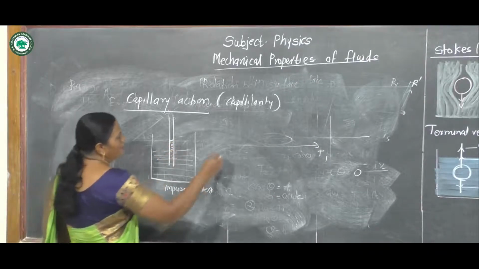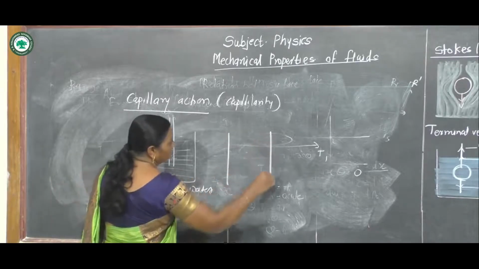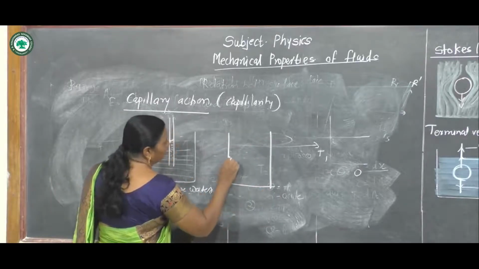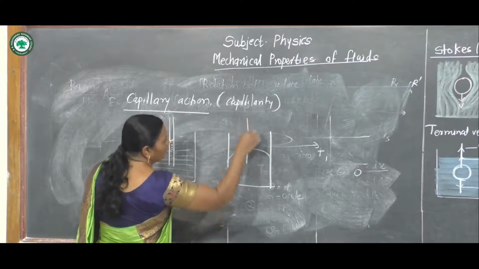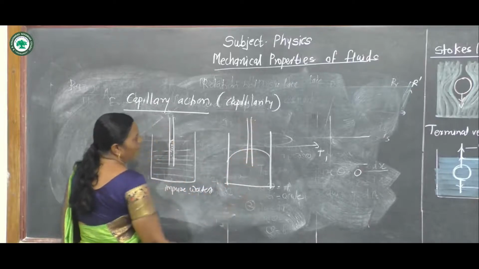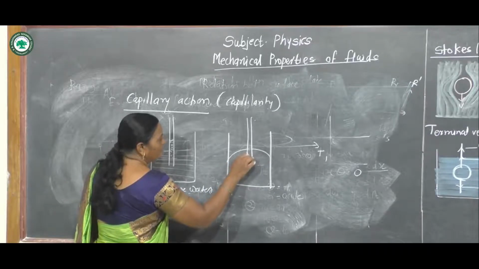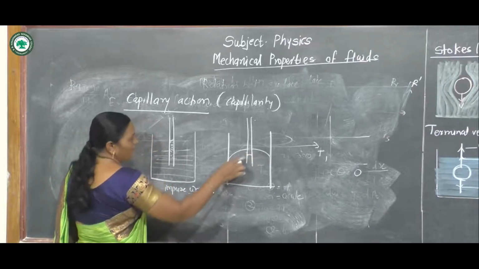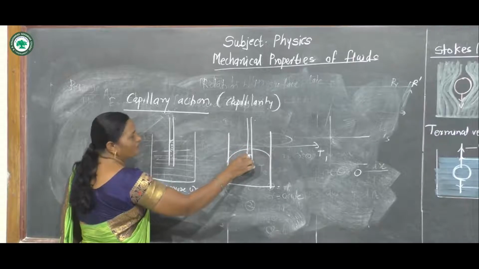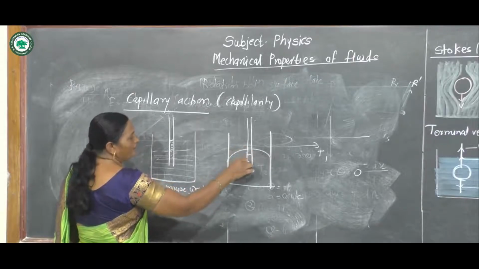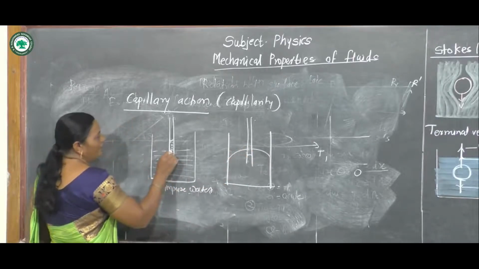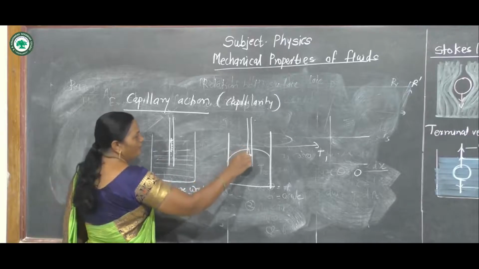Now suppose we consider mercury here. Suppose a capillary is dipped in mercury. In this case there is a decrease in height, that is, we can say there is a fall of the mercury level. Here height increases, here height decreases.